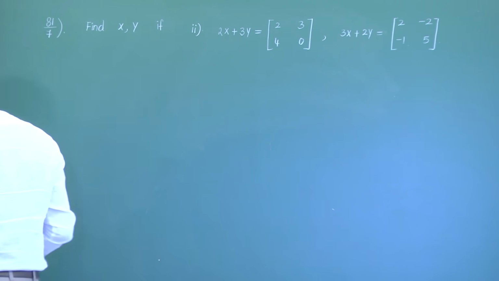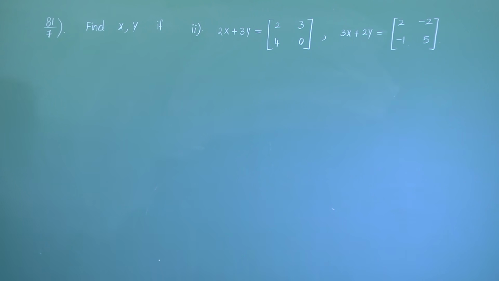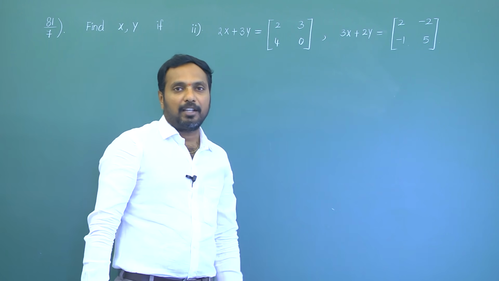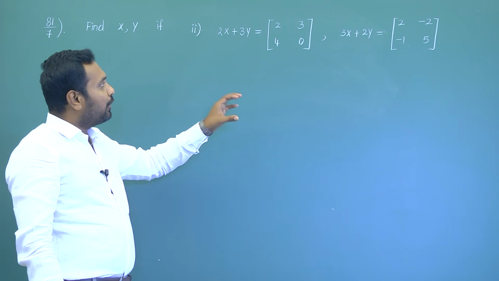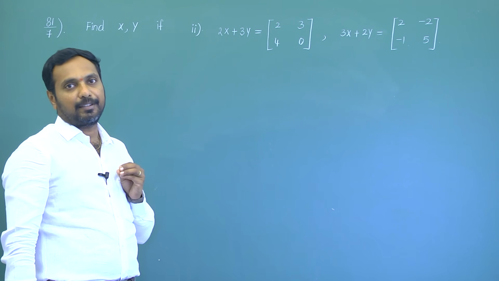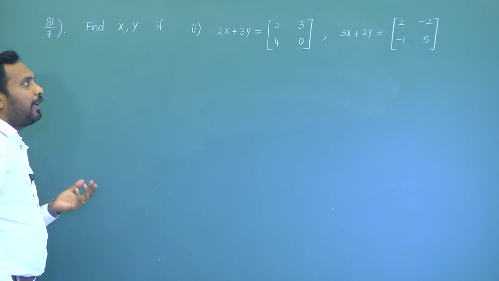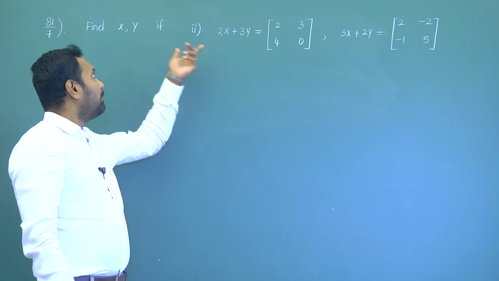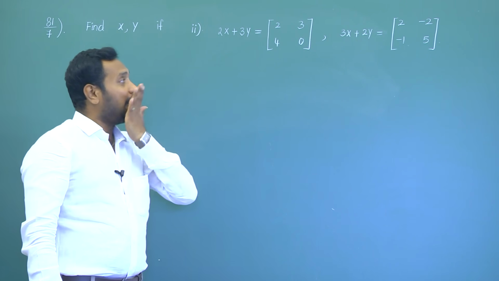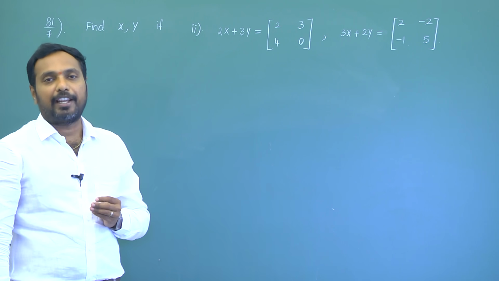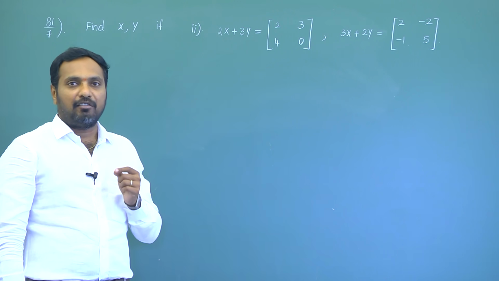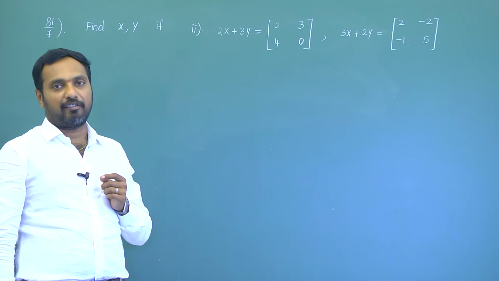So if you observe, we need to calculate two matrices, capital X and capital Y, and they have given two equations in terms of capital X and capital Y. How to solve linear equations, you know from your lower classes. In the same method, we need to solve for the matrices capital X and capital Y here also. In solving linear equations in two variables, the method you might have applied is to make any one variable's coefficient the same in the two equations.